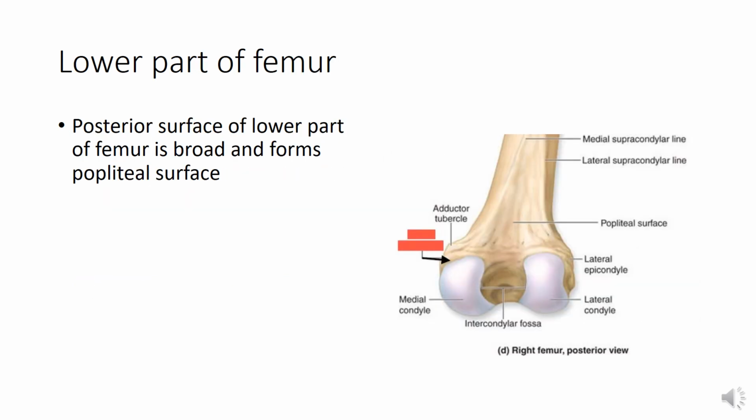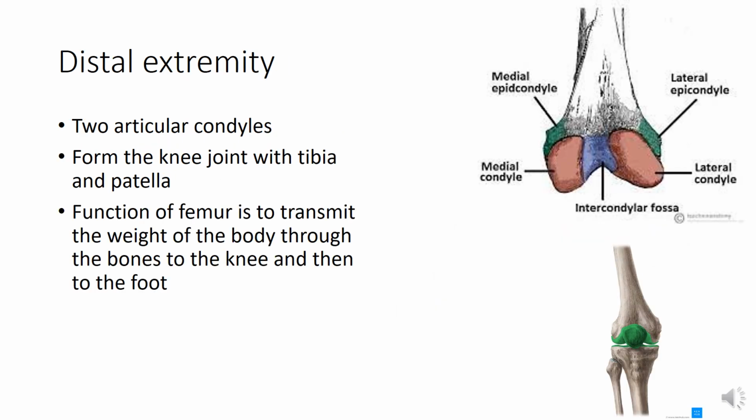So the posterior surface of the lower part of the femur is broad and forms the popliteal surface. So you can see here, this is the broad posterior surface which forms the popliteal surface. Distal extremity of the femur shows the two articular condyles.